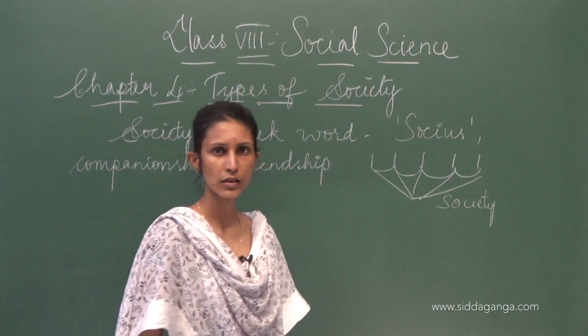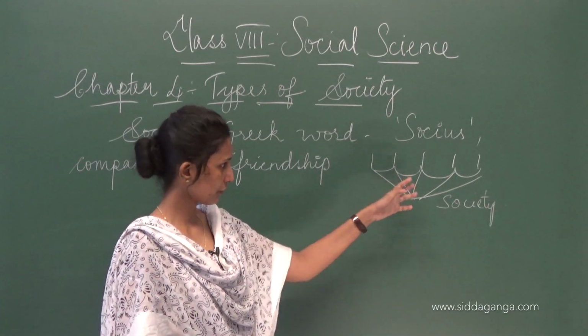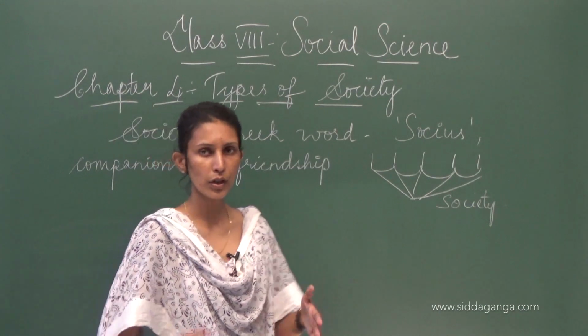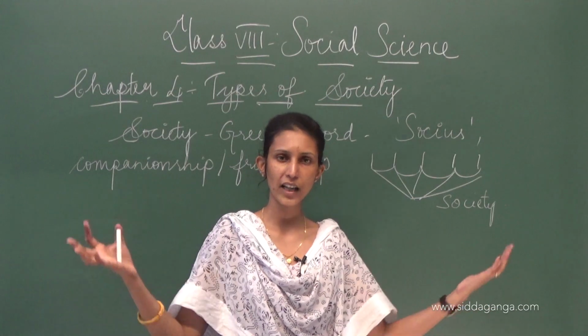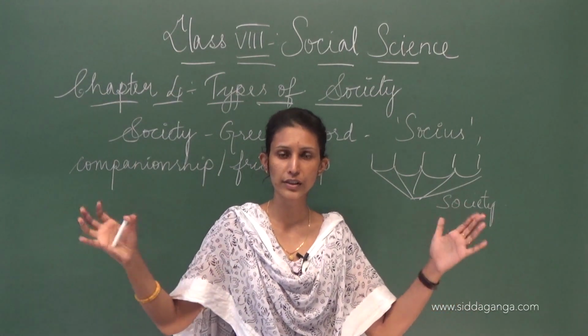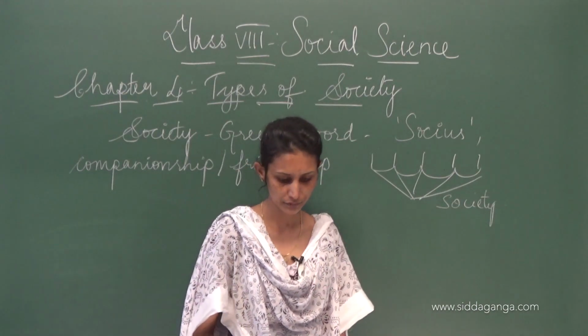This structure of forming together can be called a society. So what is happening in and around us? We are in groups, isn't it? As a neighborhood, maybe a classroom, students in an educational institution. So all of us are part of the society.